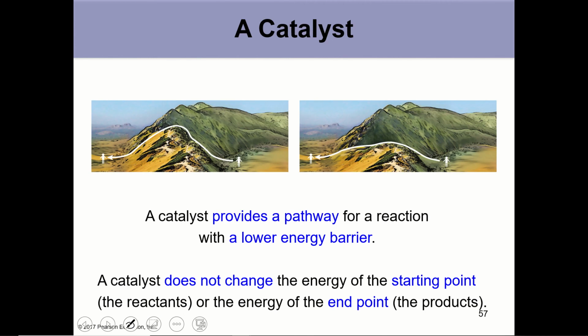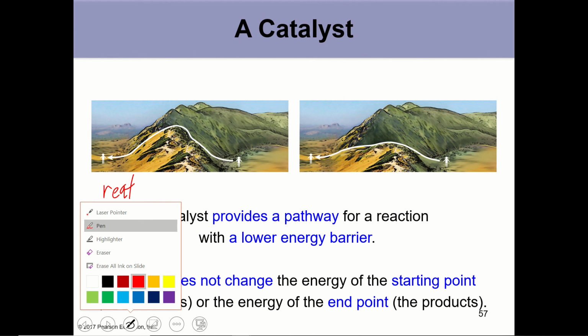What is a catalyst? We need to go back and remember that we learned this definition in Gen Chem. A catalyst provides a pathway for reaction with a lower energy barrier. So the reactant energy and the product energy are unchanged.